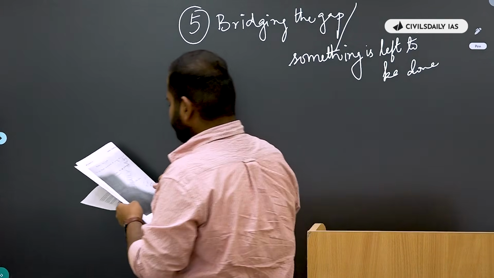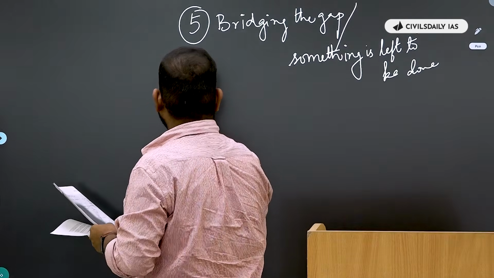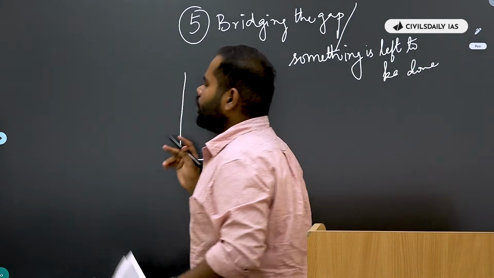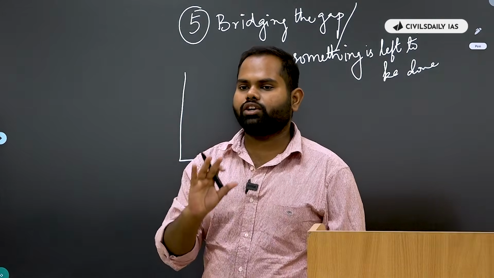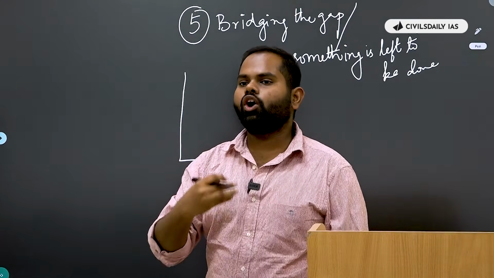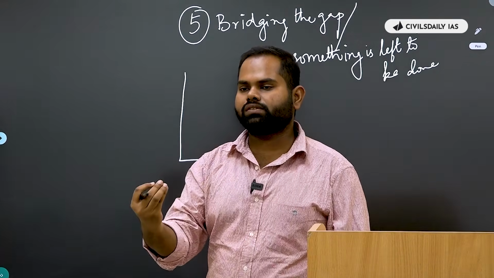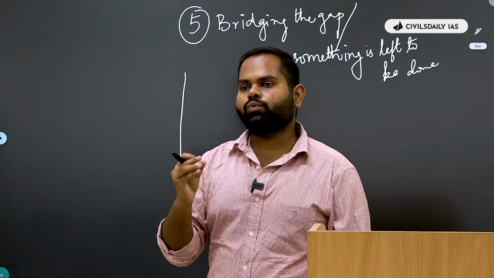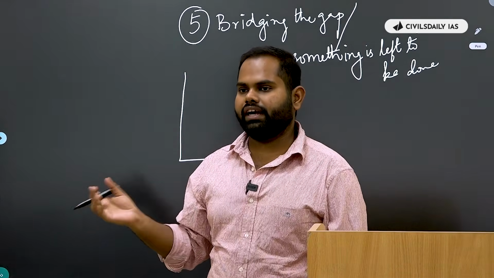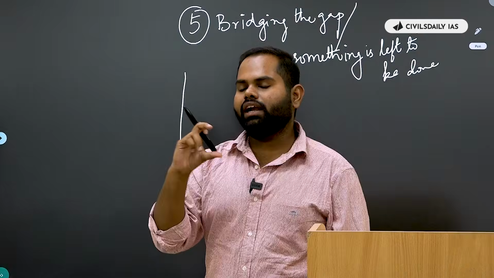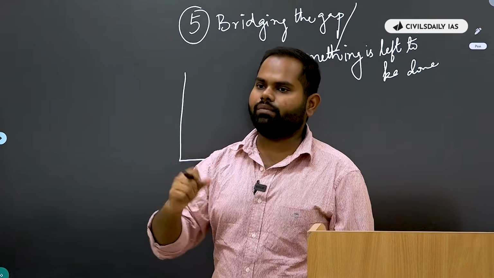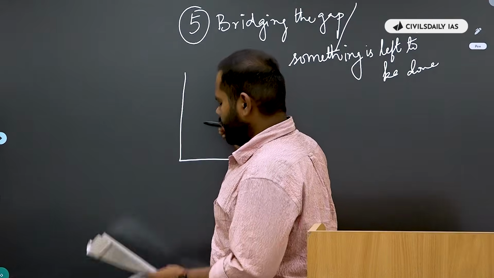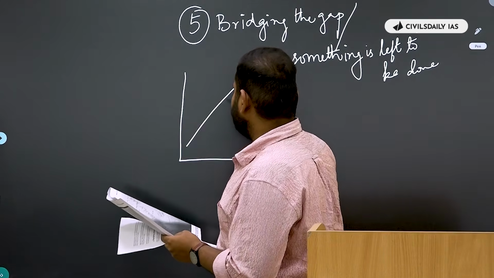But something you could write as a graph is this: we have a particular set of expectations from the government, or particular deliverables by the governance, but that is not happening, the reality is something different, and e-governance tries to fill that gap. So when there's some component which is filling the gap, this diagram is apt.